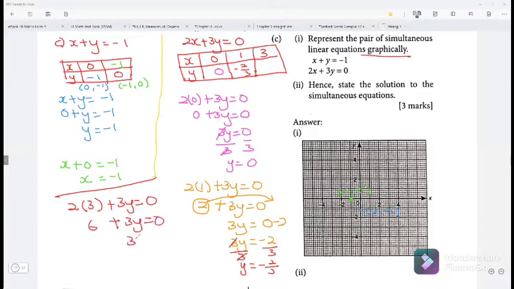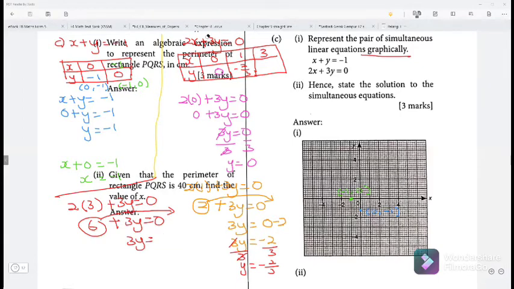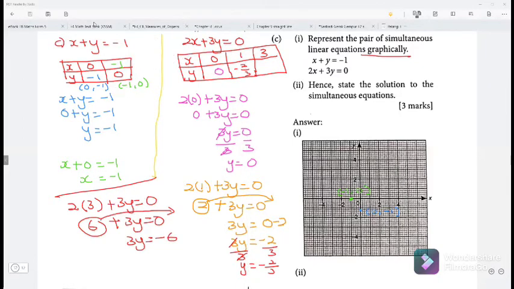Then 3y negative 6, because I move this behind. I think I write step by step, better for you. Okay, so let me write step by step.